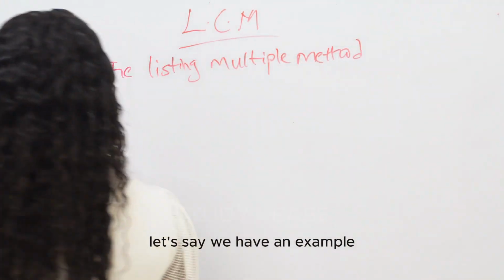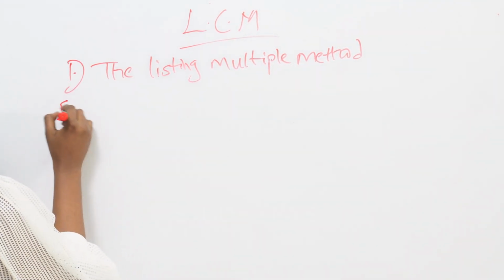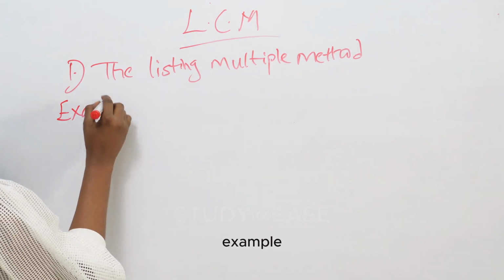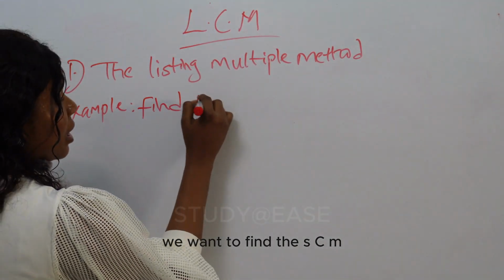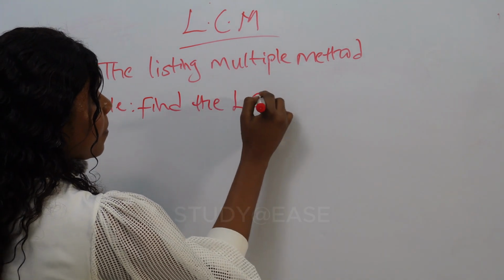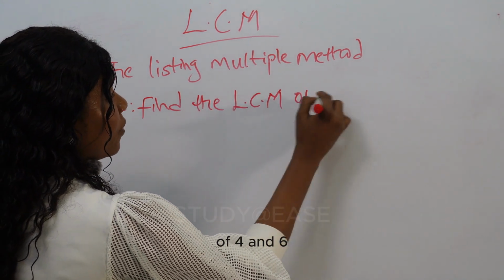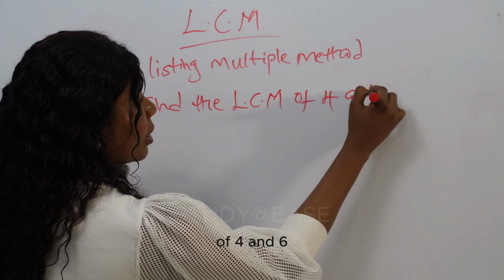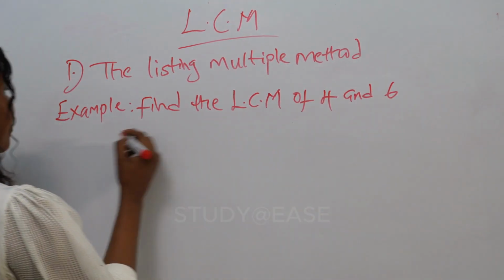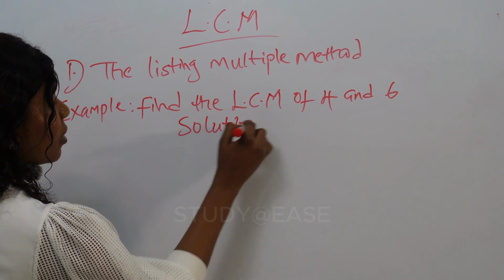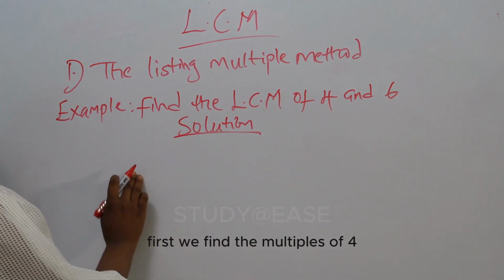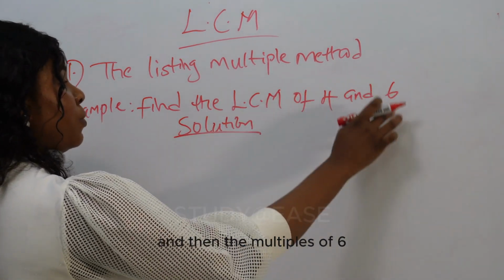Let's say we have an example. We want to find the LCM of 4 and 6. So, first, we'll find the multiples of 4 and then the multiples of 6.